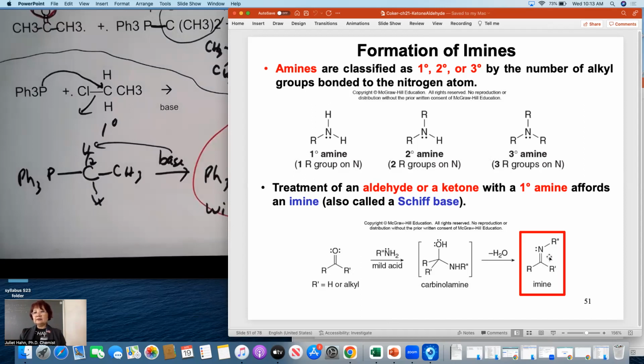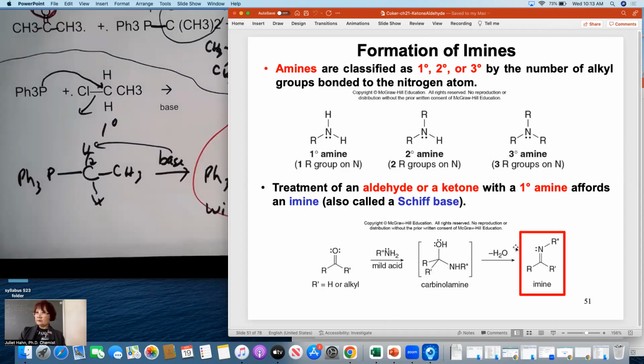And then the nitrogen forms a double bond and you end up with the imine. But we're not going to worry about the mechanism. All we're going to say is you get a primary amine, react with an aldehyde or ketone, you will get an imine. Here's the structure of the imine. Primary amine, that's what happens.